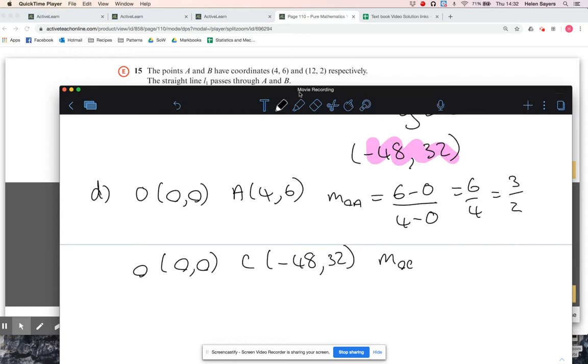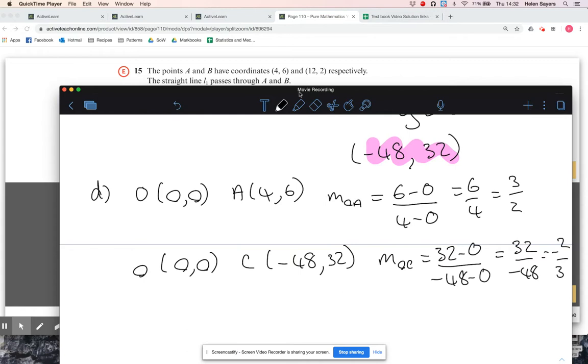The gradient of OC is change in y, 32 minus 0, over change in x, minus 48 minus 0. So 32 over minus 48, which cancels by 16 and gives me minus 2 over 3.